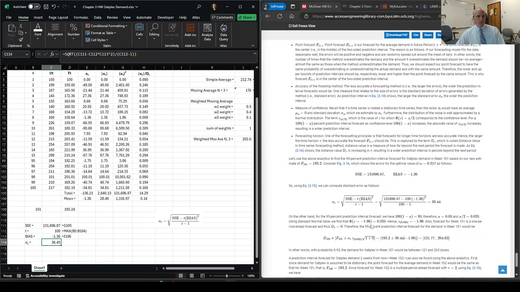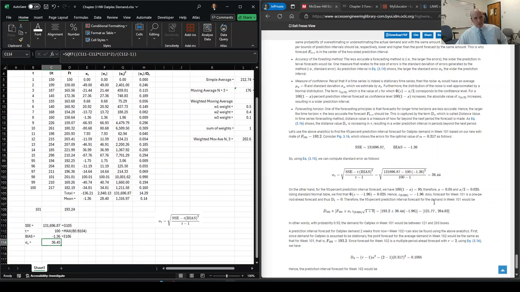And let's see where we're at over here in the book. Here we are. So we've got a correct standard error computation. We put all these variables in. We get 36.44. So what does that mean? Well, the last 2 steps we need to take is we need to do a 95% prediction interval forecast. And we need to find a z-score. And we're going to do this with Excel.